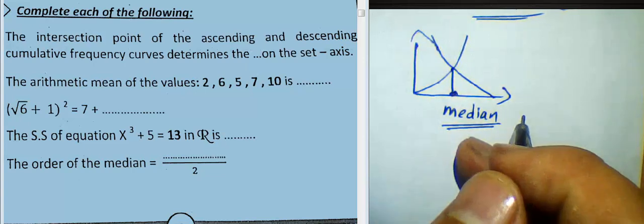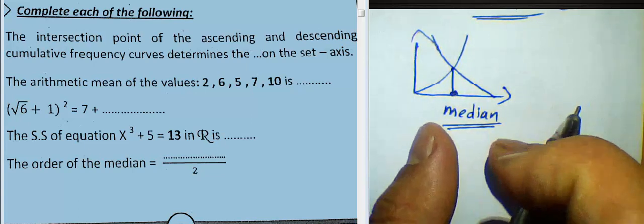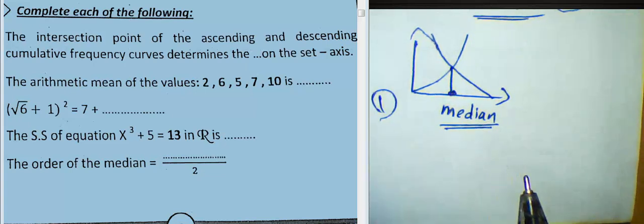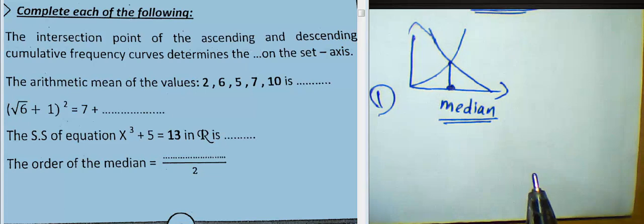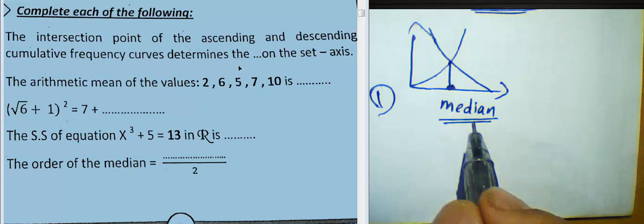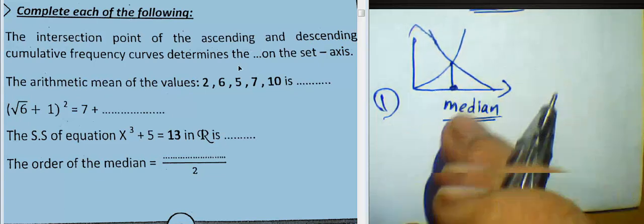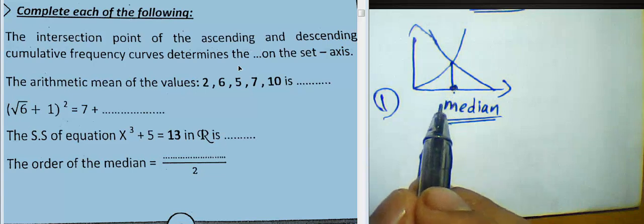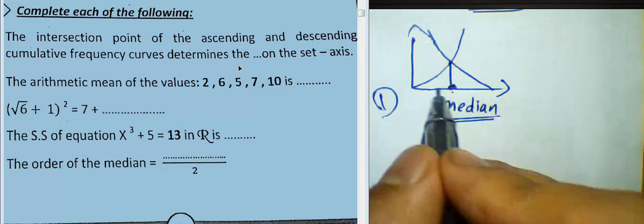So we must write median in the space for question number 1. Again, the intersection point of the ascending and descending cumulative frequency curves determines the median on the x-axis.